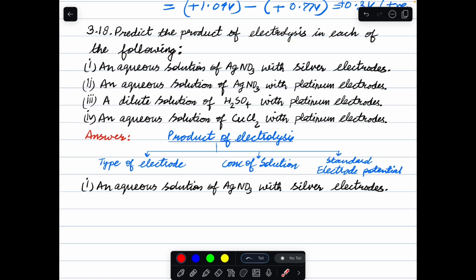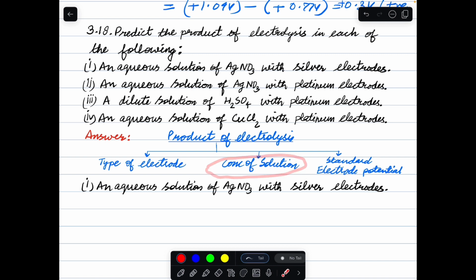Now always remember that the product of electrolysis depends on a few parameters. First is the type of electrode. If the electrode is reactive, it will be involved in the reaction at anode and cathode, and it will compete with the other species. If it is inert like a platinum electrode, then it will not take part in any reaction. Now, the concentration of the solution.